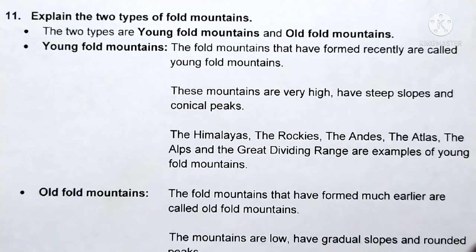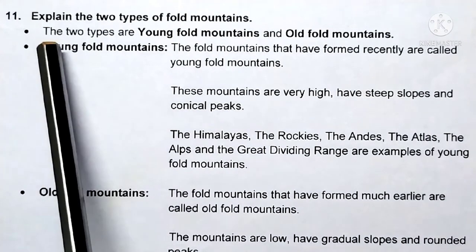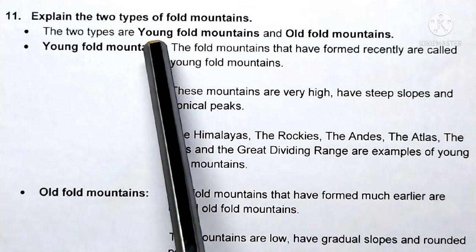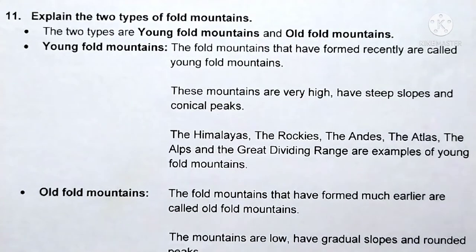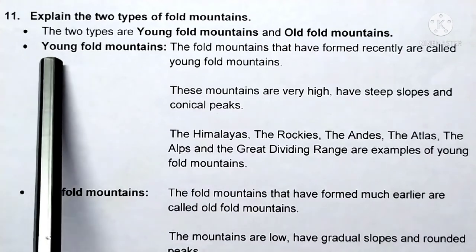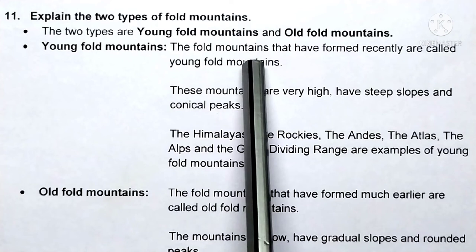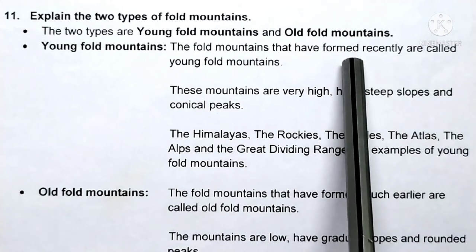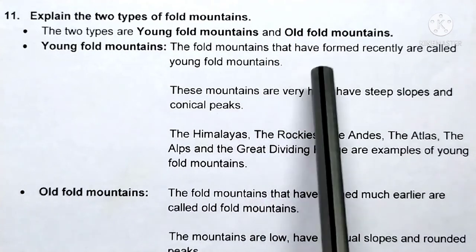11th question. Explain the two types of fold mountains. The two types are young fold mountains and old fold mountains. Young fold mountains: the fold mountains that have formed recently are called young fold mountains.